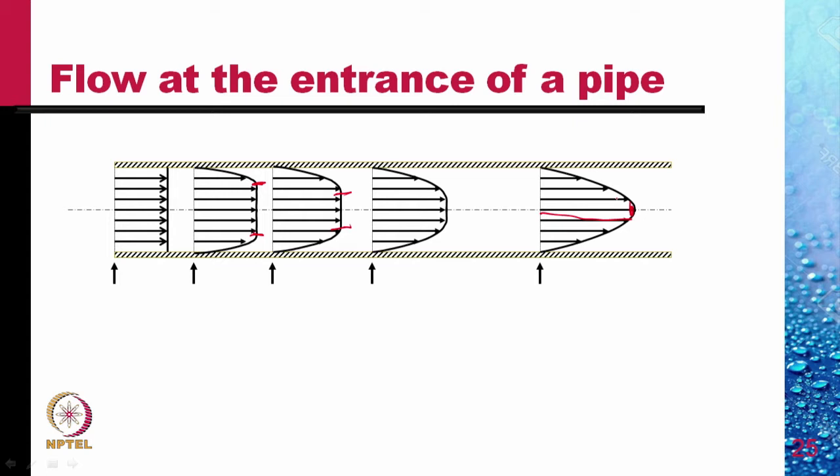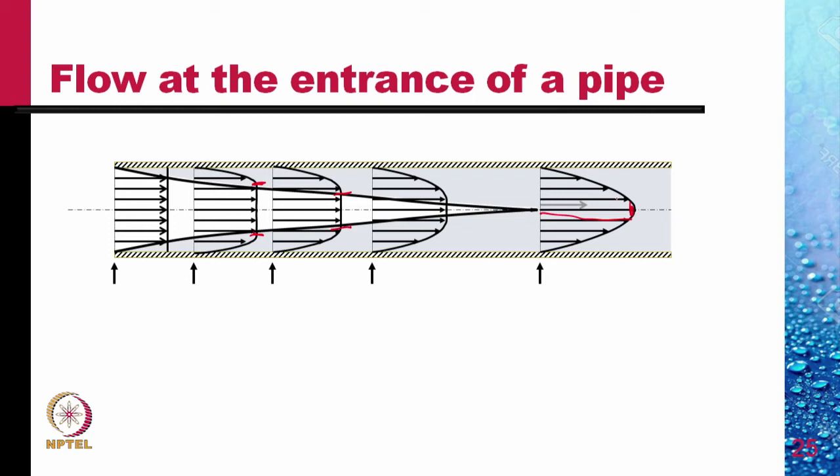And since in the later sections more of the fluid is slowed down, the fluid at the center must have speeded up. In fact, you would study later on that the maximum velocity at the center is twice the velocity of the flow at the entrance of the pipe.